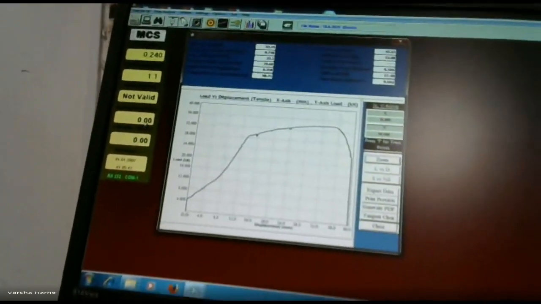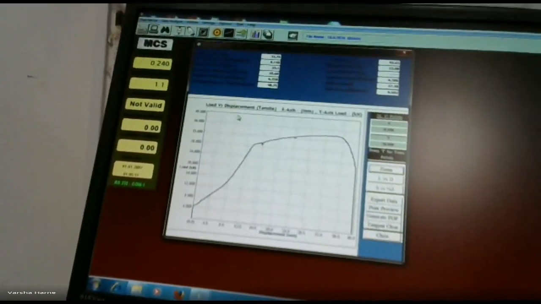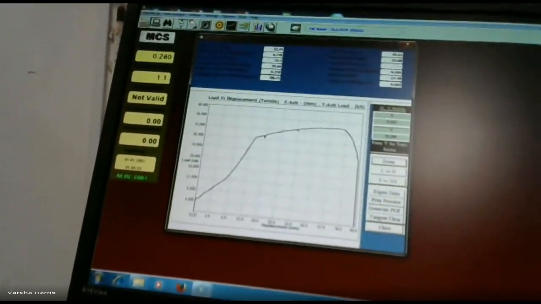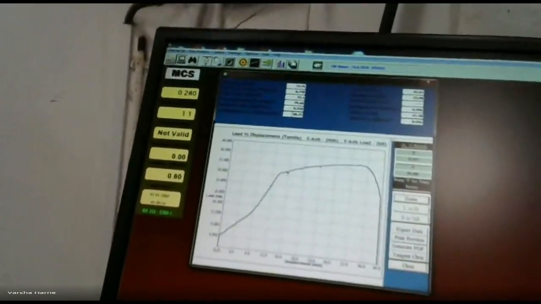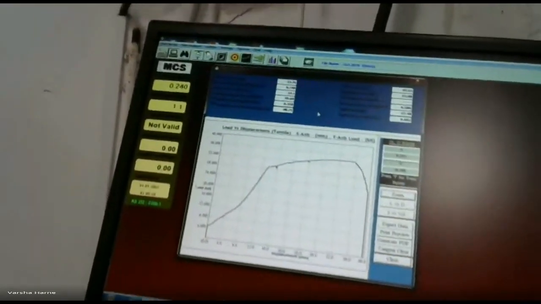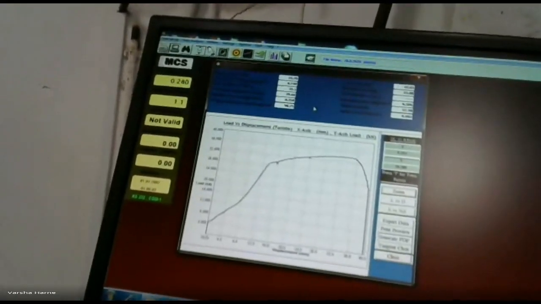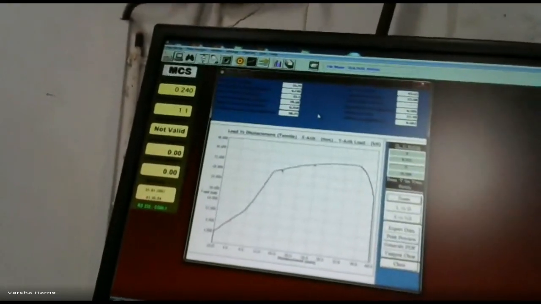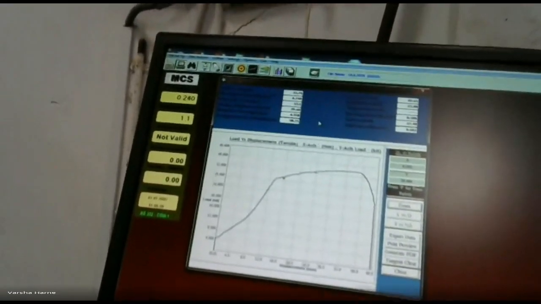So this is our final graph, but we have to check here the percentage of elongation. We have to put in the first value of gauge length, measure it, and then finalize our graph. Clear? And we have to check whether our bar which broke into two pieces is in cup or cone shape or not.